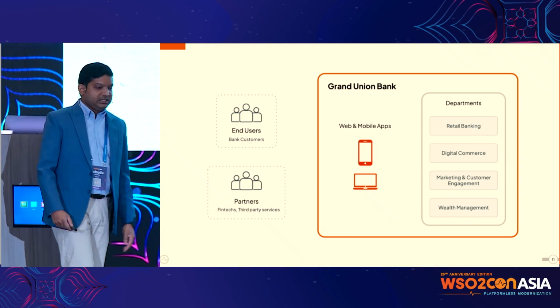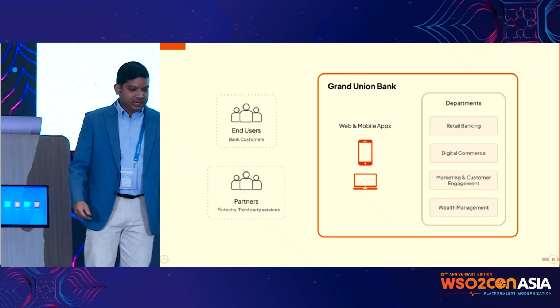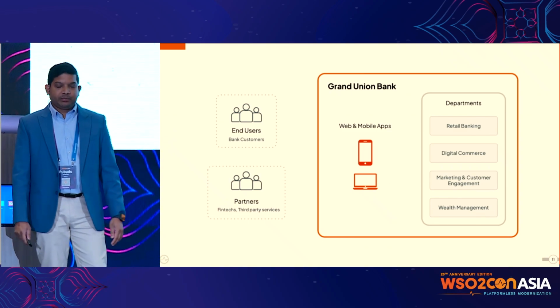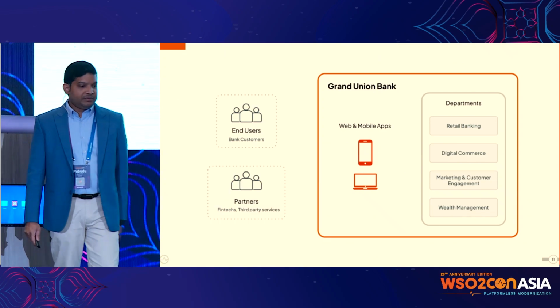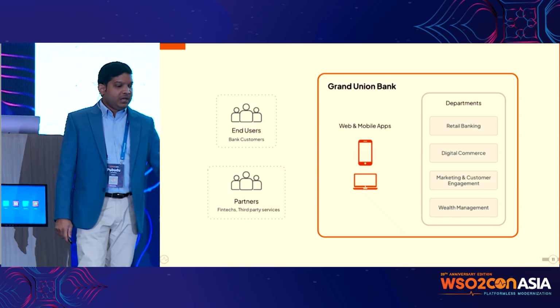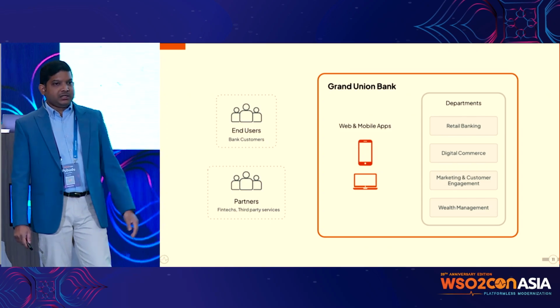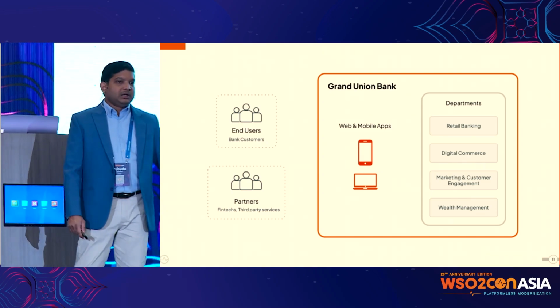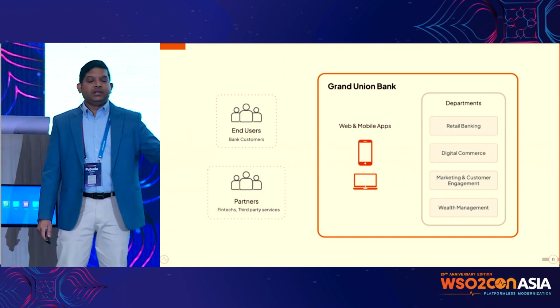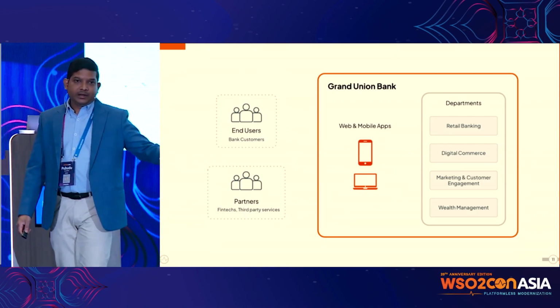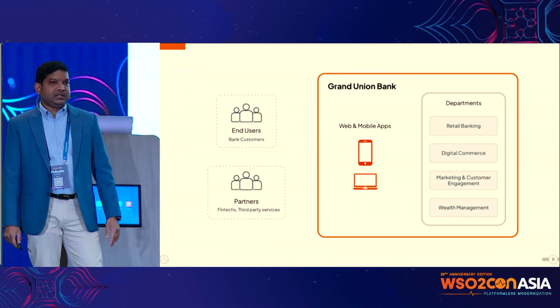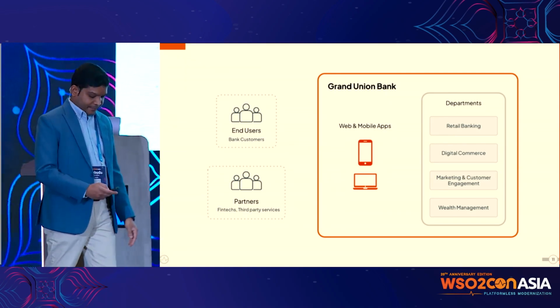Retail banking, digital commerce, marketing and customer engagement, wealth management, and then you have the web and mobile applications, and also you have the end users and also the partners who want to consume these APIs and use the Grand Union Bank APIs in their application development.